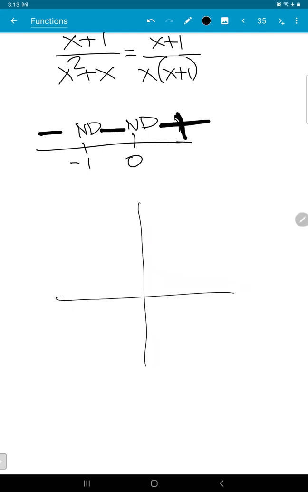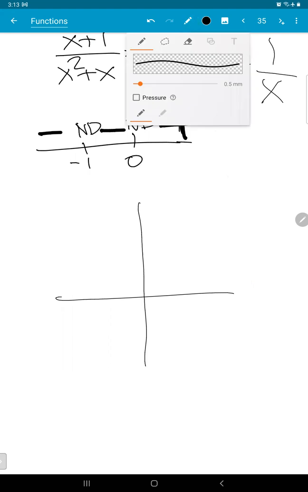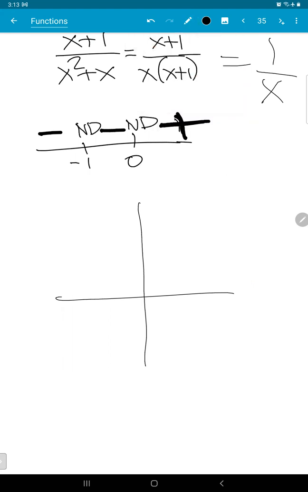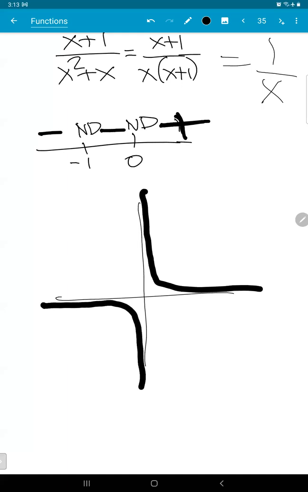The graph of y equals 1 over x. I hope you're already familiar with the graph of y equals 1 over x. Asymptotic lang siya sa axis. Except that you have a hole at -1. Yan siya.